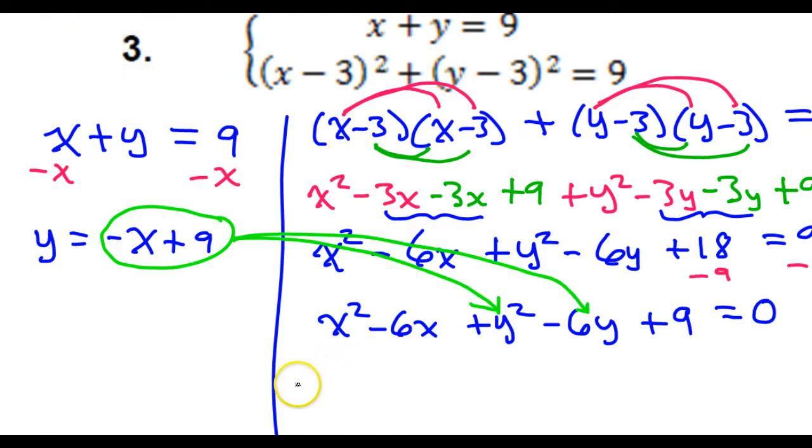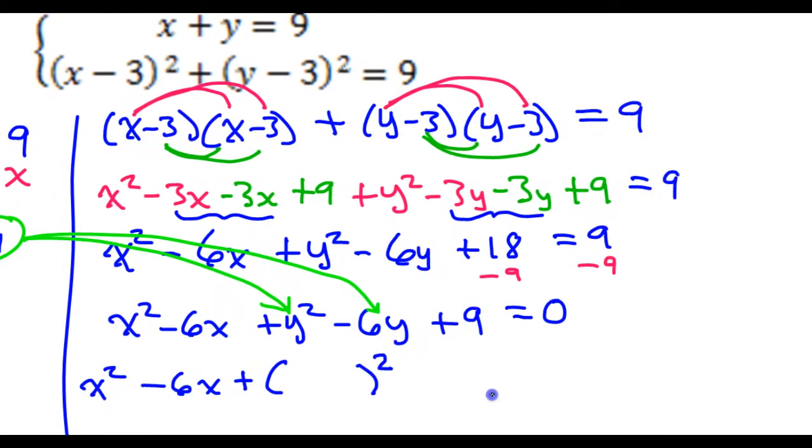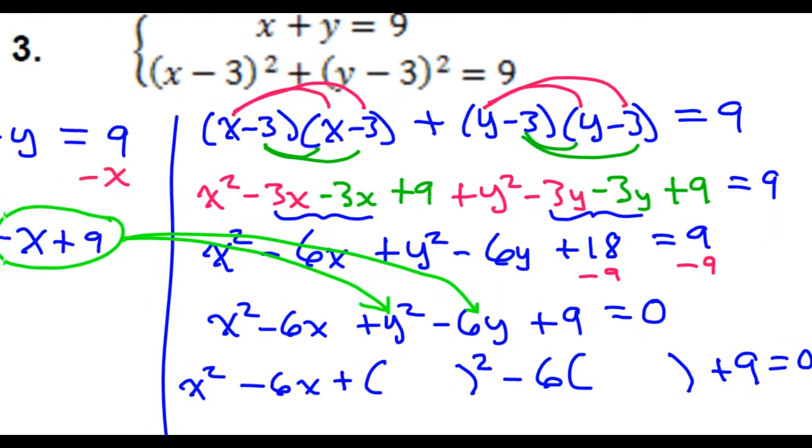So first of all, I still have x squared minus 6x. But next I have y squared. For y squared, I'm going to use parentheses anytime I get ready to substitute. Then I'll have negative 6 times, and again. And then I've got that plus 9 equals 0. So I'm ready to substitute.